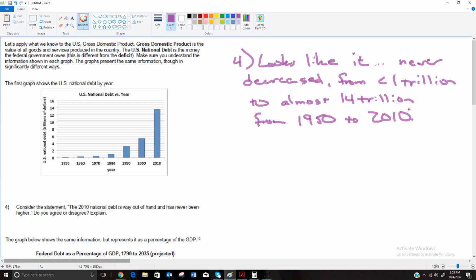So this is what they're saying when they say these good writing techniques. So we want to give lots of information. The national debt never decreased, and it went from less than 1 trillion to almost 14 trillion from 1950 to 2010. So it seems that statement is supported.